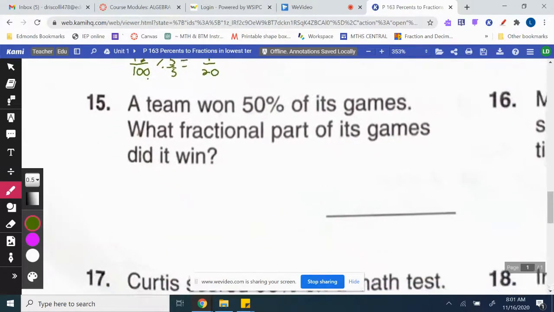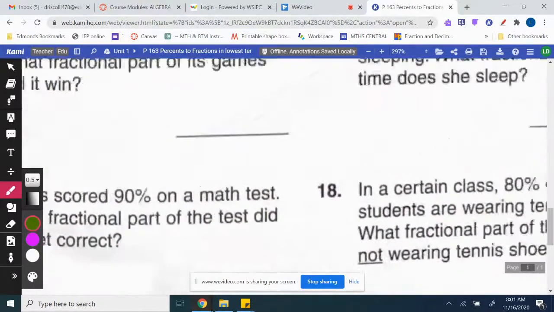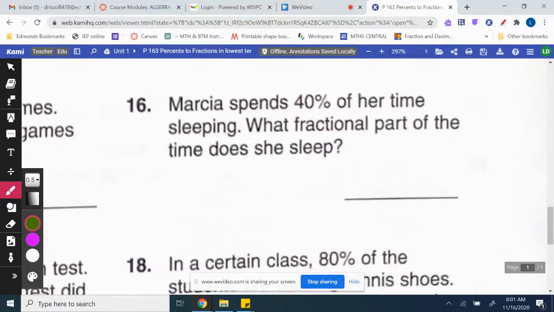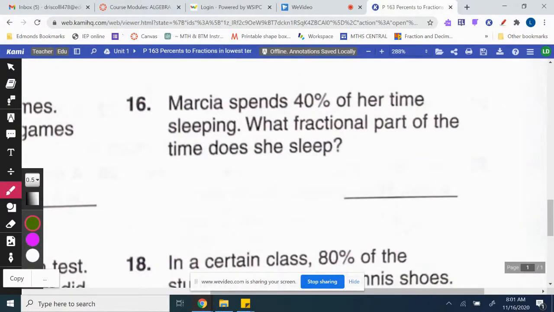Let's try the story problem. Marcia spends 40% of her time sleeping. What fractional part of the time does she sleep? So they just want to know 40% equals what fraction? And you guys would easily say 40 over 100.